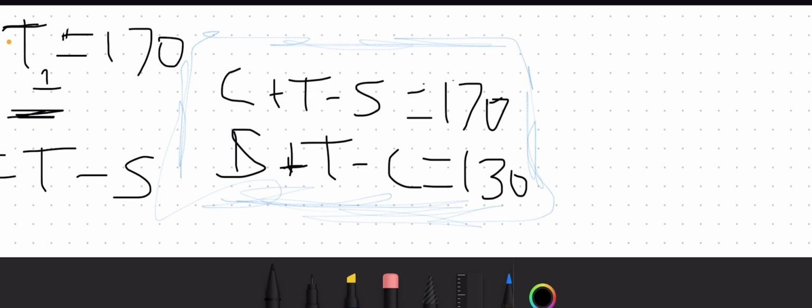The reason is we have three variables here, and it's really hard to solve when you have three variables. We can just get rid of the table and see what we can do with the cats. Since both equations have a positive table, we can just subtract. I'm going to take this first one and subtract number 2 from it.